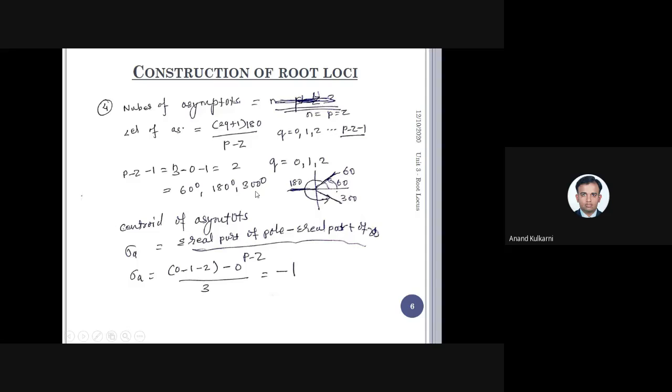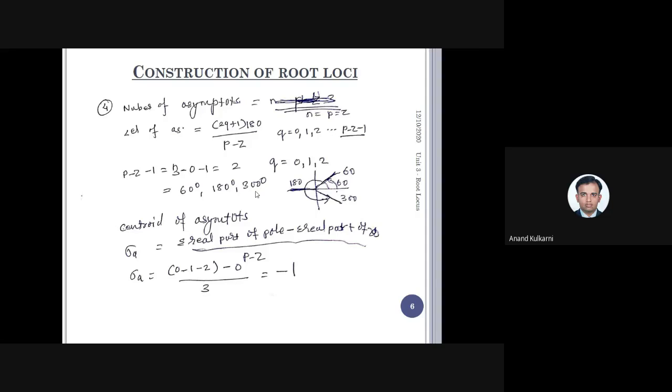Here also no calculation is required. You can just remember these angles. It depends upon P minus Z. If P minus Z is 1, we have only one asymptote, and that asymptote value is 180 degrees only. If P minus Z is 2, there will be 2 asymptotes, one at 90, one at 270.